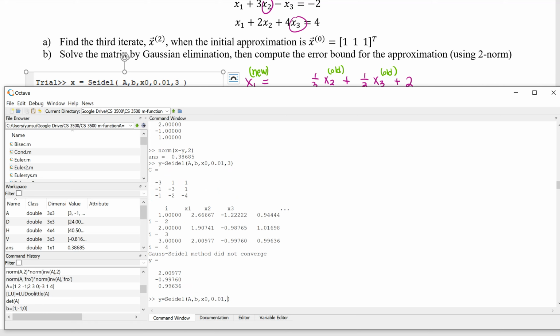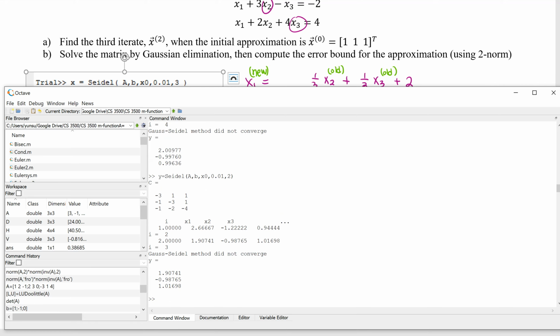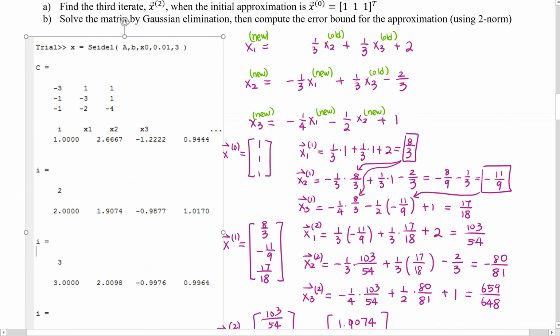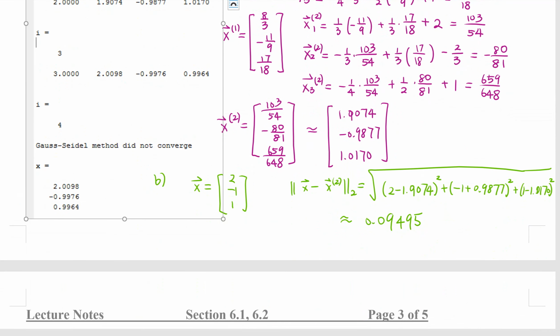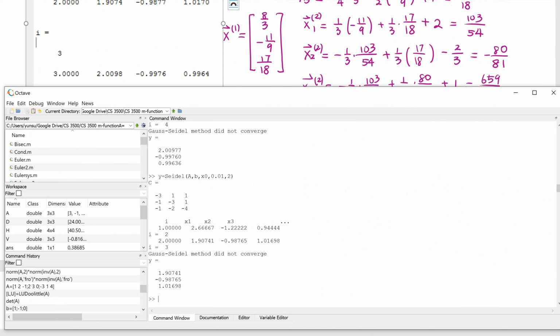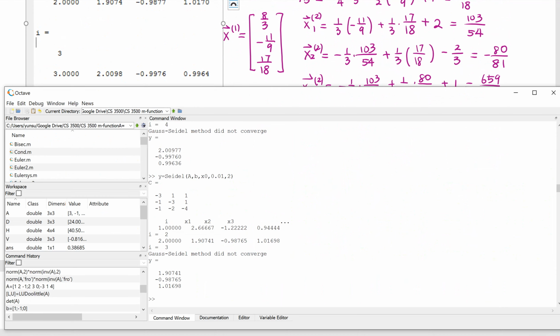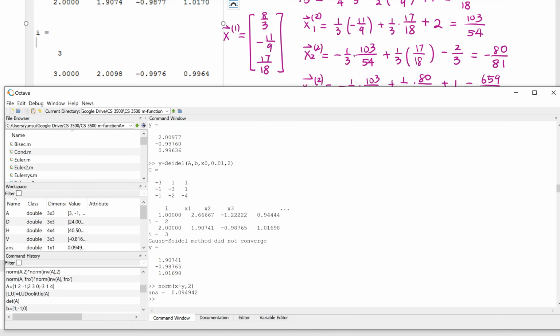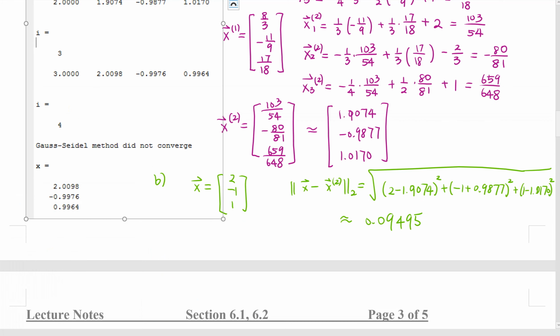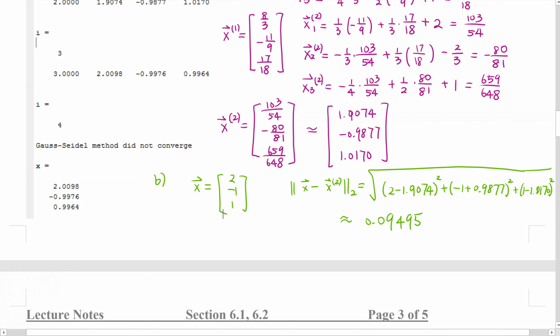Okay, we didn't calculate 3 steps, 2 steps. 1.90741, yep, and minus 0.9876, okay, yeah, that matches. Last one, 1.0170, and that matches. Okay, and let's find the norm. 0.09495. Yeah, it matches. So you can see, in general, the Gauss-Seidel method converges faster than the Jacobi method.